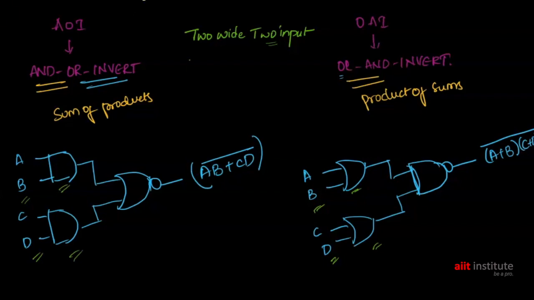And we also have 2 wide, 4 input. That means it will be of 2 wide only, but the inputs will be 4. And there is also one more method, 4 wide, 2 input.